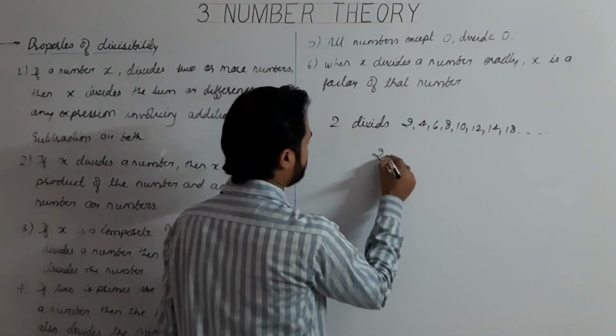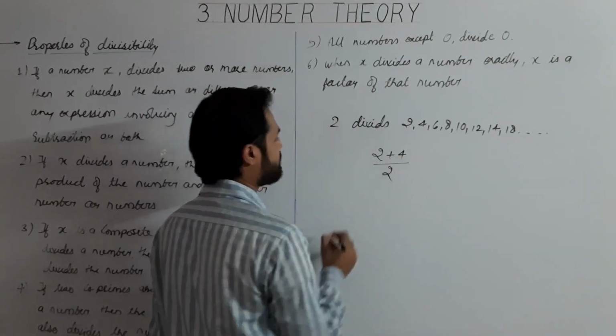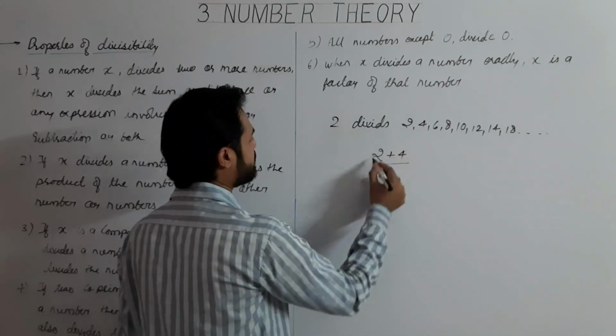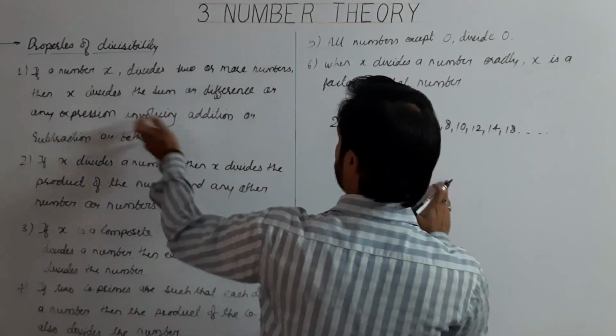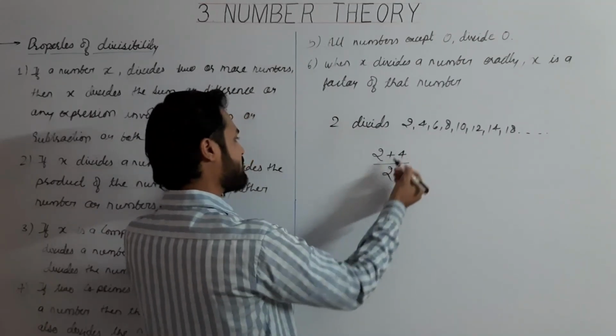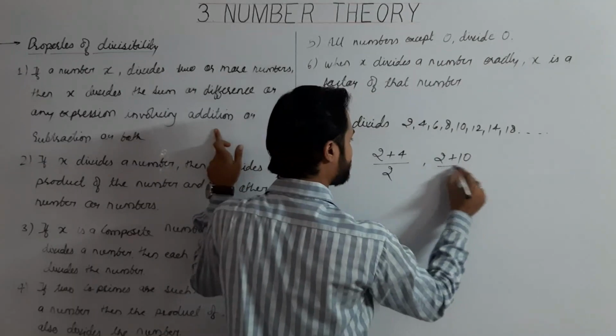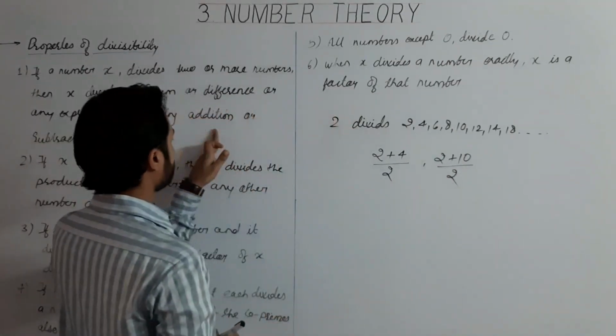So if we write 2 plus 4, then 2 plus 4 is the first expression involving addition. So 2 plus 4 is also divisible by 2. Or if we write 2 plus 10, then this number is also divisible by 2.